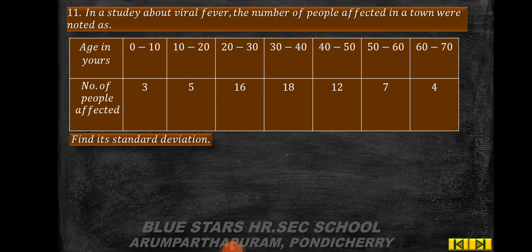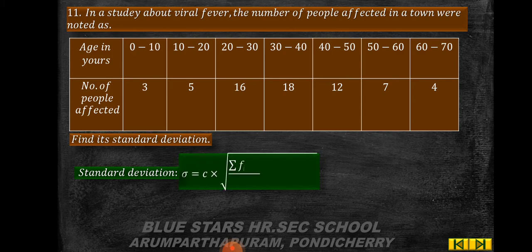Next, number of people affected: 3, 5, 16, 18, 12, 7, 4. Find its standard deviation. So standard deviation sigma is equal to C into root of summation Fi di square by n minus summation Fi di by n the whole square, where di is x minus a by c.